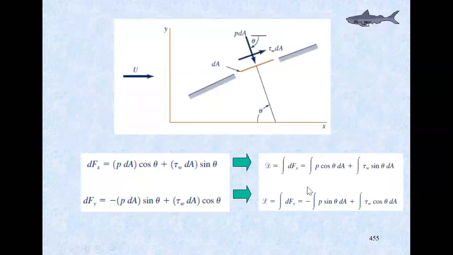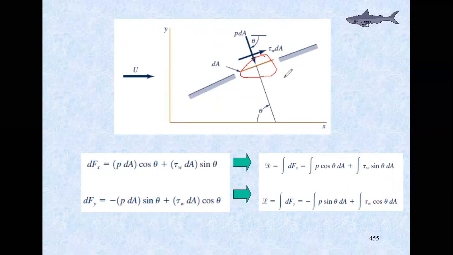So for the forces themselves, if we analyze a component of the body at the surface with the area dA, the friction force or shear force will depend on tau W and the area, while the pressure force will depend on the pressure and the area.